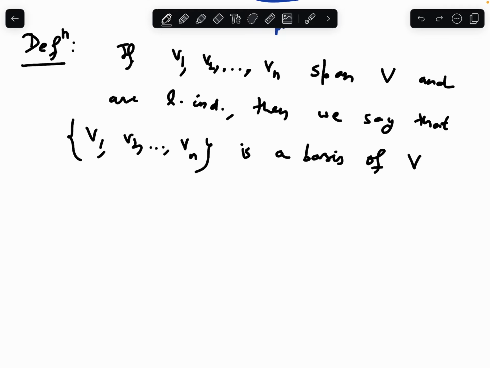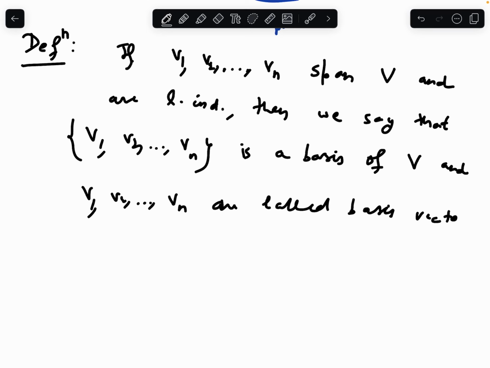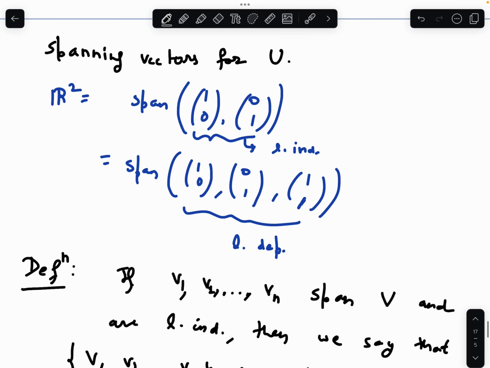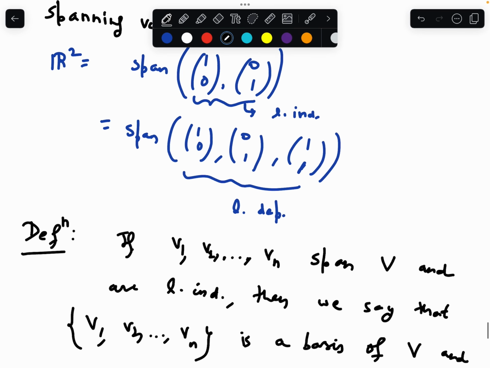And V1 to Vn are called basis vectors of V. So here (1,0), (0,1) are basis vectors of R2.